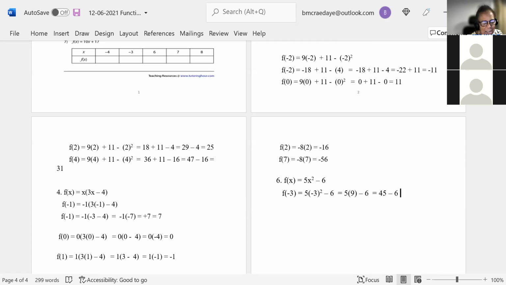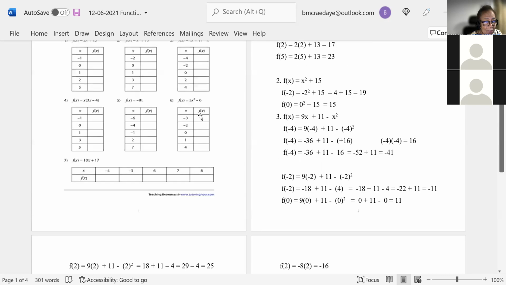Can't be bigger, it's gotta be smaller. If you're subtracting 6 from 45, your answer has to be less than 45, can't be bigger. So not 49, 39. 39, that's right. So that first entry for number 6 is 39. So you put a 39 here.